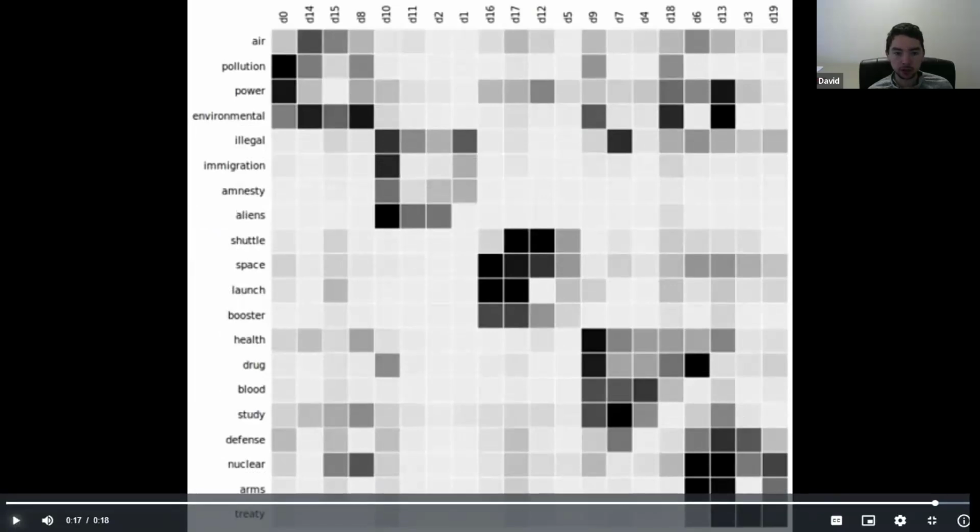Air, pollution, power, environmental are clustered together. Legal, immigration, amnesty, aliens are together, and then defense, nuclear, arms, treaty are together as well. It's basically based on what words are in what document together.